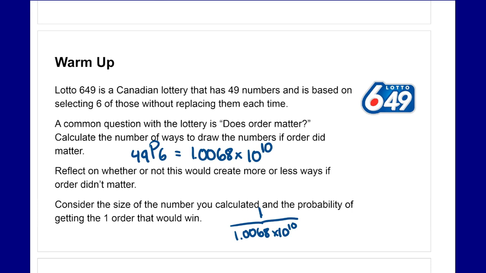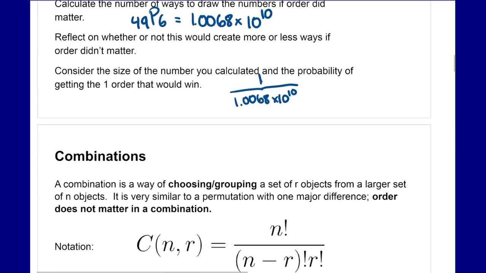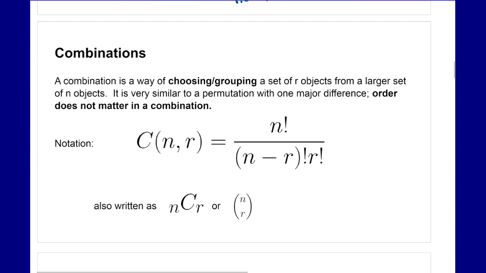So the idea of order not mattering is what we're going to be looking at in this unit, and this is what we call combinations. A combination is a way of choosing or grouping a set of r objects from a larger set of n objects. It's very similar to permutations, and if you were to see them, you might not really be able to identify the difference, but that's what we're going to work on.